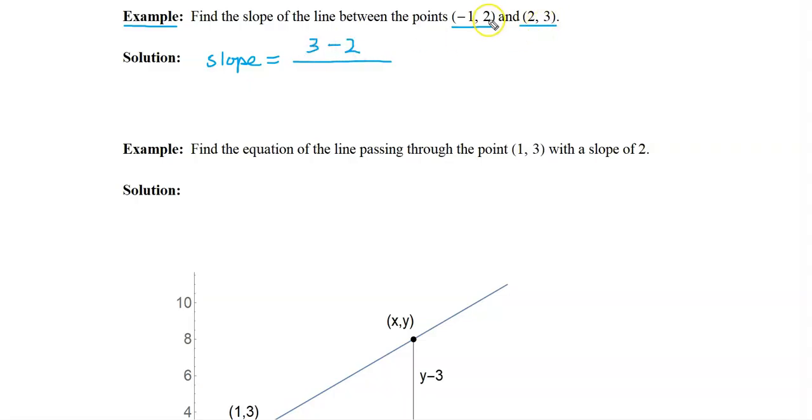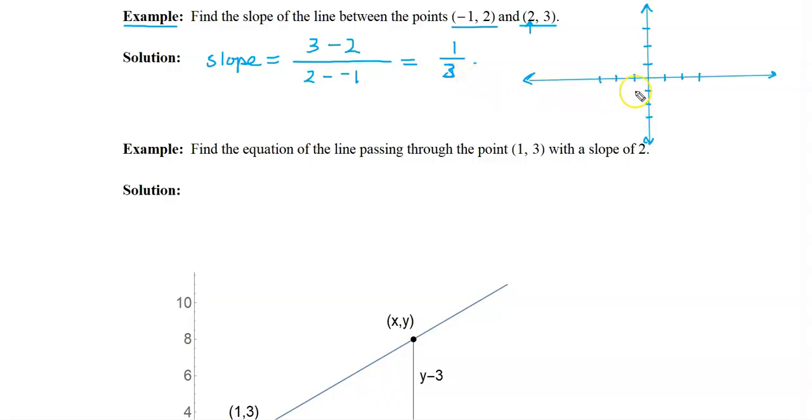Since we did the 3 first, when we take the difference in the x coordinates, we have to do this 2 right here first. So the difference in the x coordinates will be 2 minus negative 1, and we get 1/3. So that is the slope of the line between those 2 points.